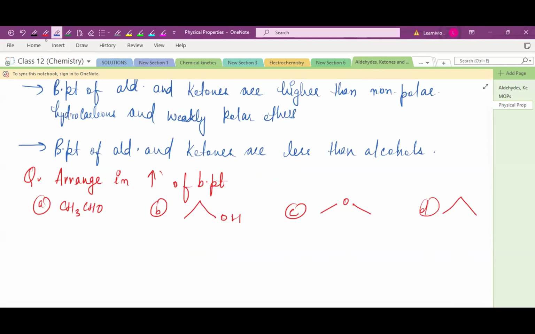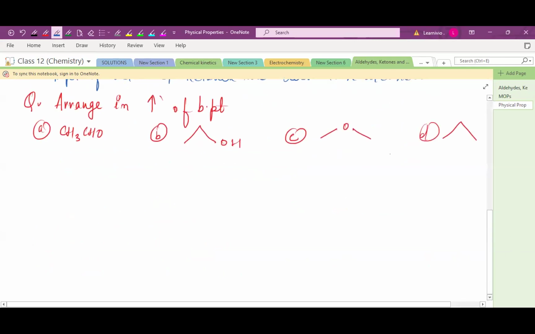Yes, do it quickly. Yes, Jupiter, tell me the order of boiling point.